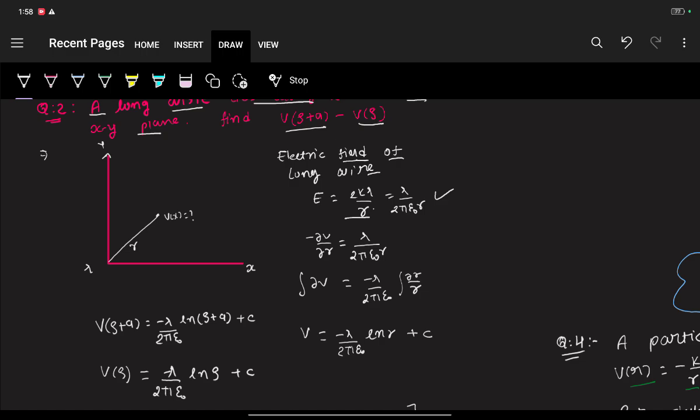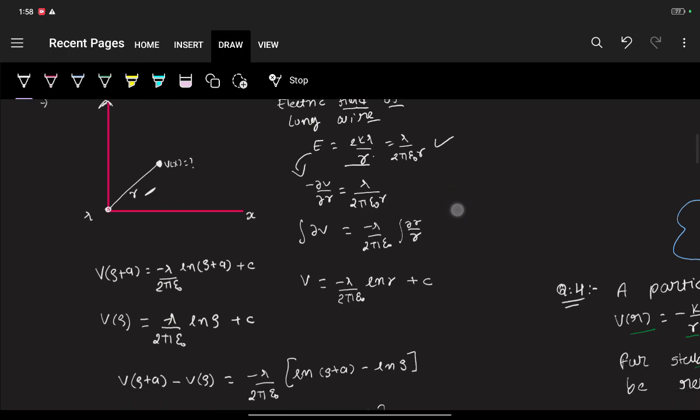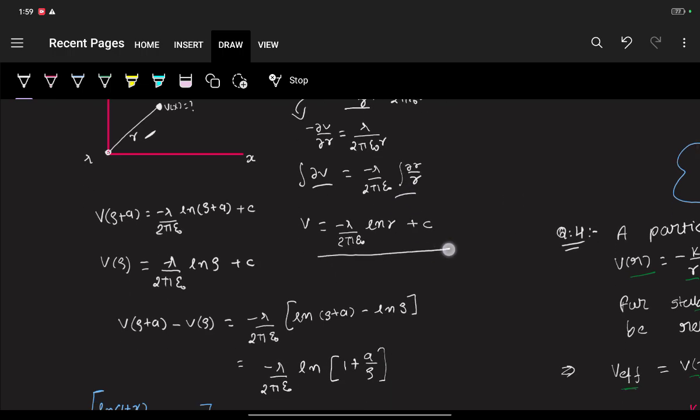Okay, some type of this, we can redraw the diagram as, let's say, here we need to find the potential. This is distance r, okay. We can write the electric field as -∂V/∂r = λ/(2πε0 r). By integrating it, we will get this expression, okay.